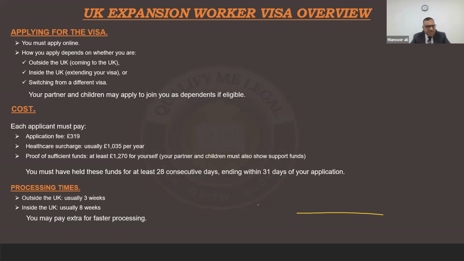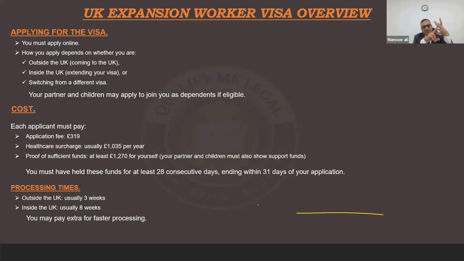The cost of this visa is £319. As usual, health surcharge £1,035 and proof of funds for yourself £1,270. Three costs are involved. I'm going to explain again. First, the application fee, that is £319. Then the immigration health surcharge, and that is £1,035.